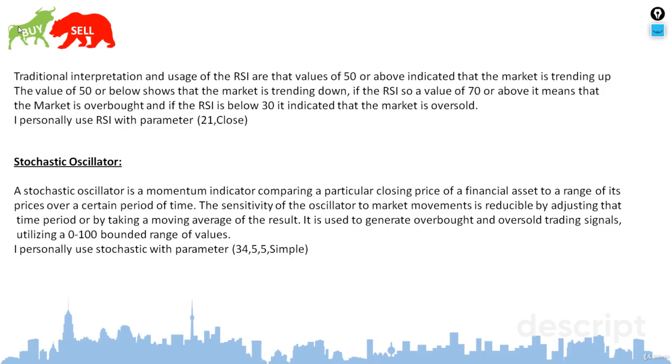It is used to generate overbought and oversold trading signals, utilizing a 0 to 100 bounded range of values. I personally use stochastic with parameter 34 period, K 5, D 5, and simple.